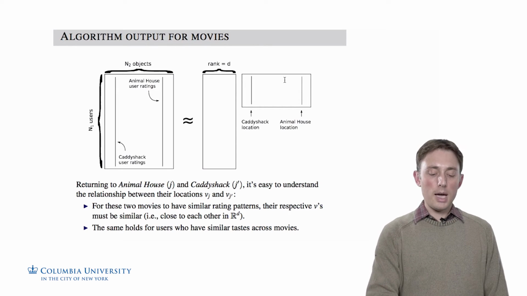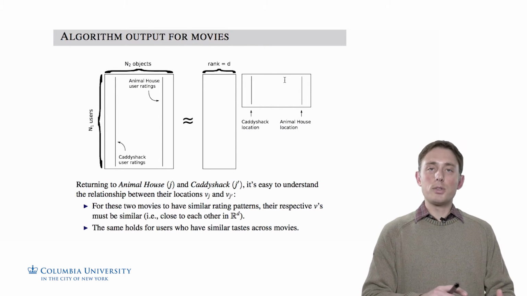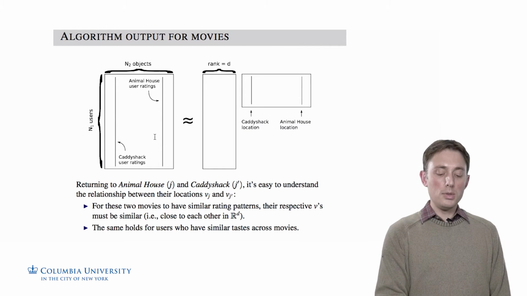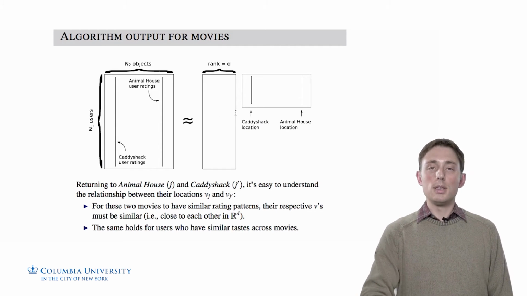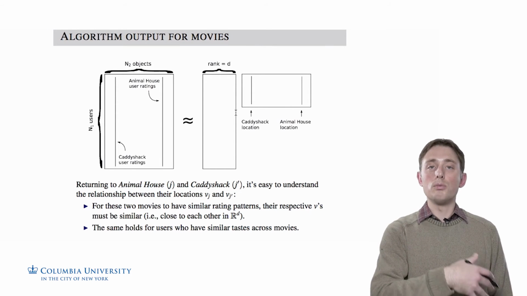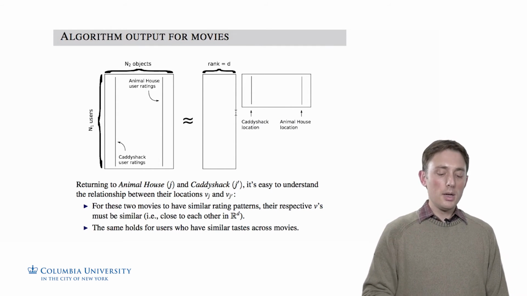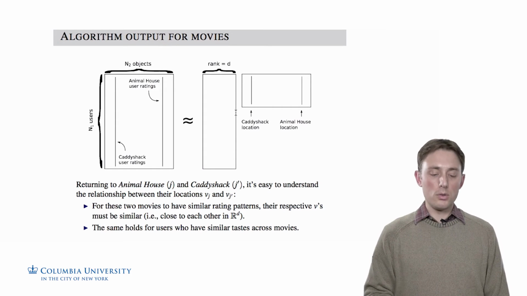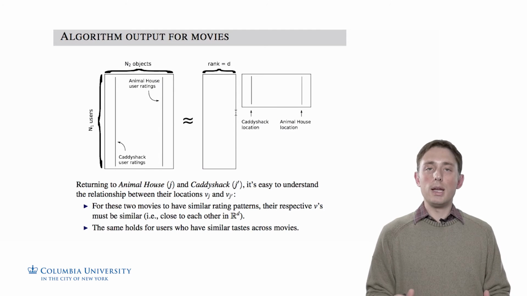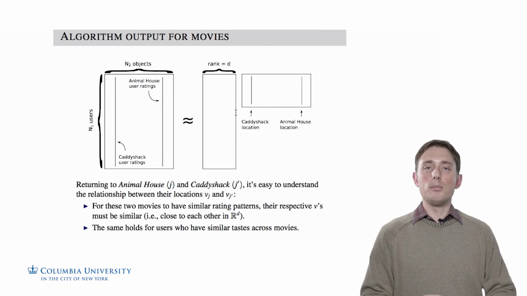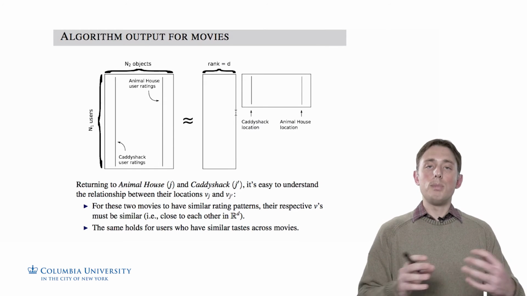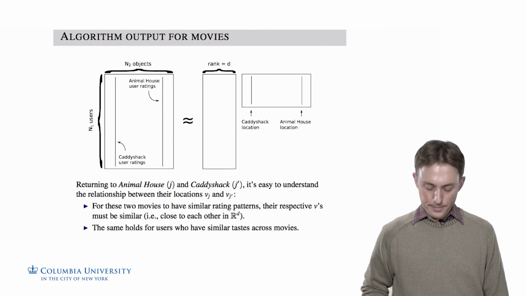And then when you look at their dot products, that fact translates to the user who didn't rate one of the movies giving a similar rating to the movie as the other user who did rate the movies. So that's where this idea of collaborative filtering comes in, that users can kind of influence each other's ratings and give information about what other people will rate based on what they liked.